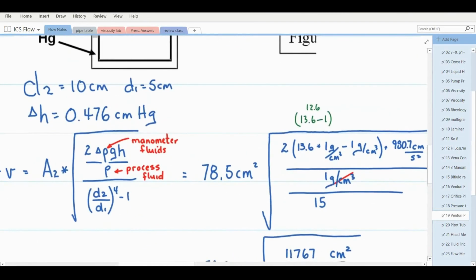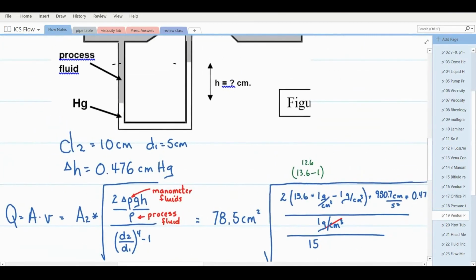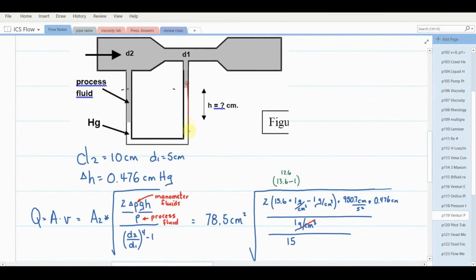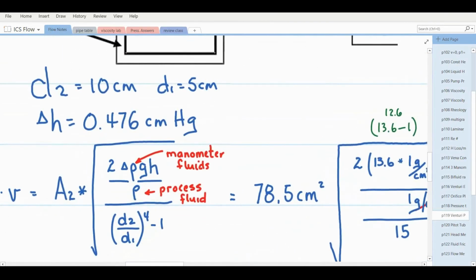We have to use delta rho gh, because our manometer is situated below the pipe and it's a bifluid manometer. This is the difference in the density of the two fluids, times the gravitational constant, times the height difference across the manometer, and this rho is again the process fluid.